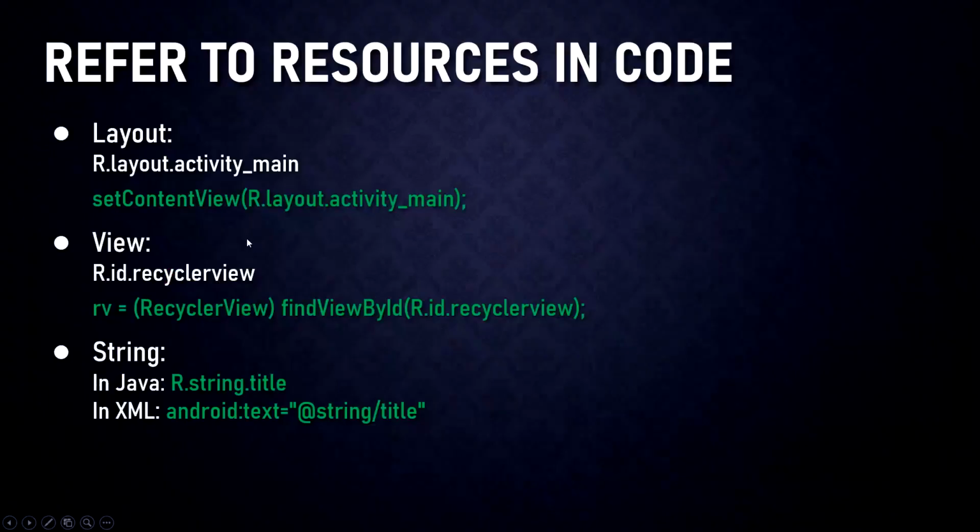If you want to refer to your view, you just use ID, right? This one is for layout, this one is for view. If you are referring to the view, you just use the findViewById method, and you pass R.id and then the ID name here.